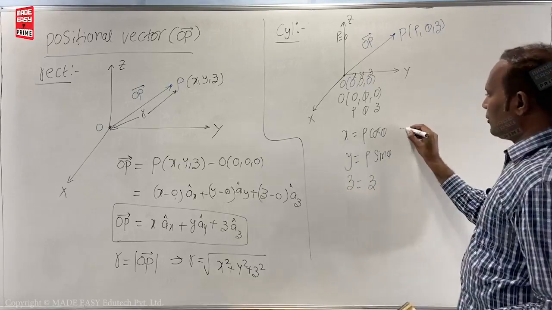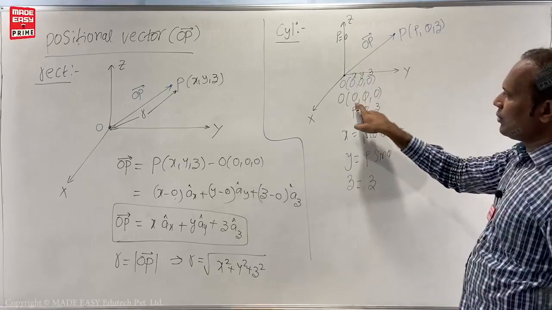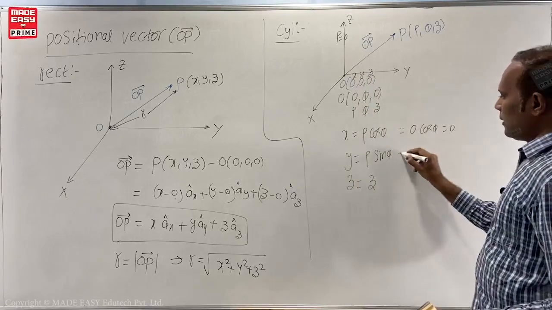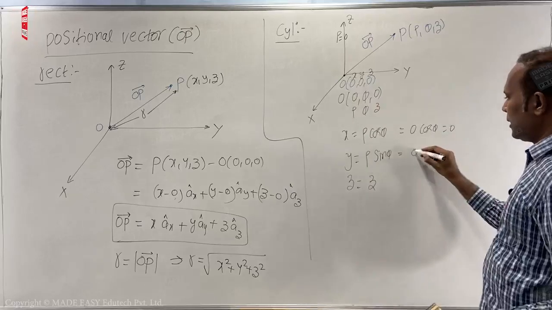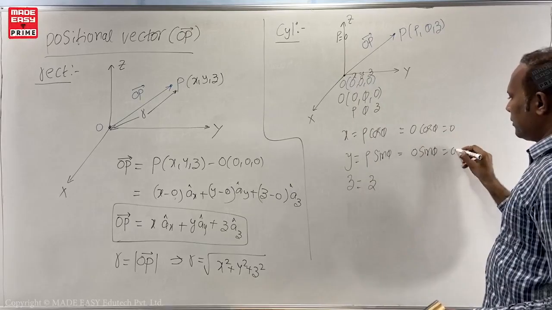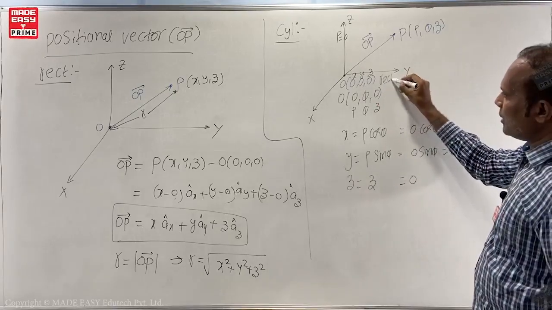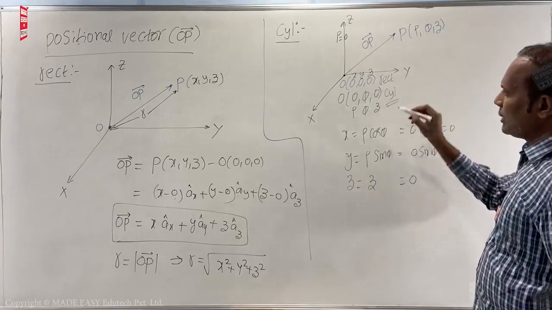Now in the conversions you get here rho value is 0 for this point, so 0 into cos pi is 0 and rho value is 0 here, 0 into sin pi is 0 and z value is 0 here. So this is rectangular coordinate system origin, this is cylindrical system.